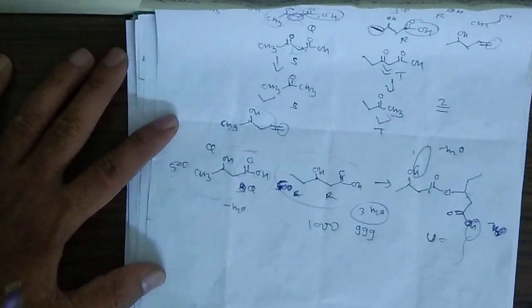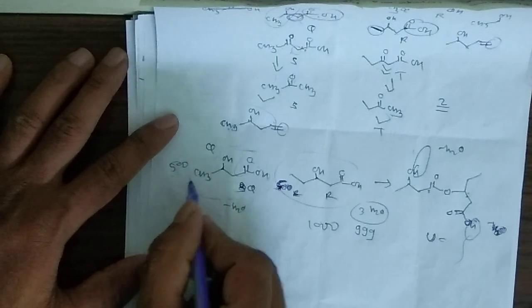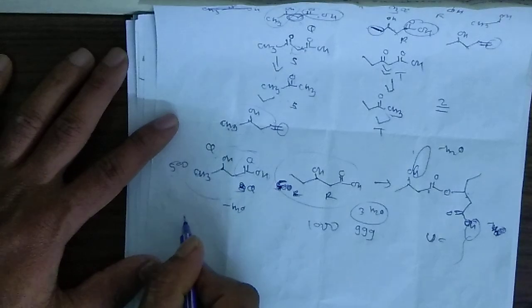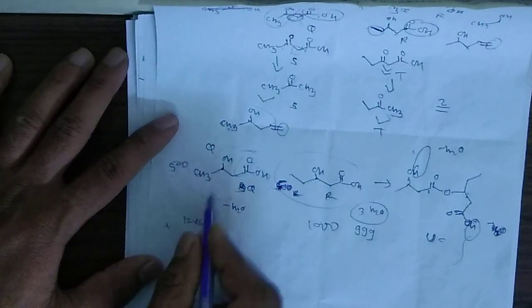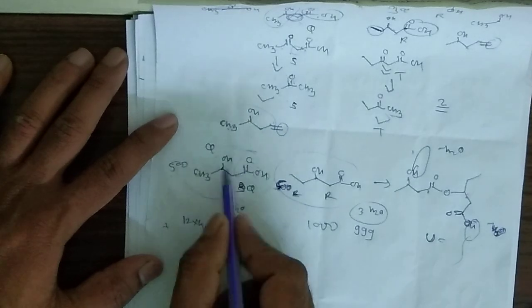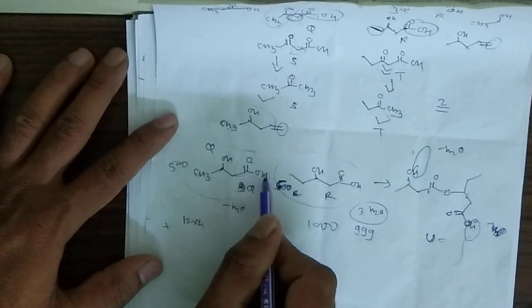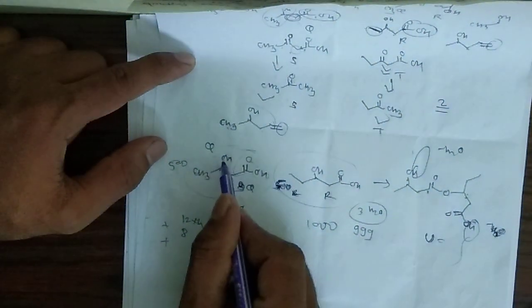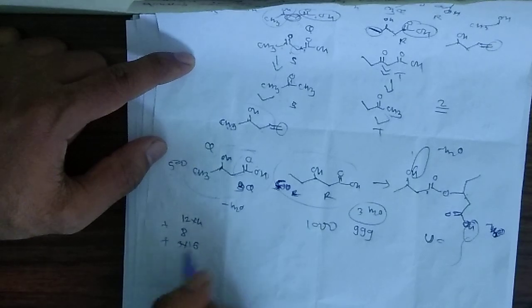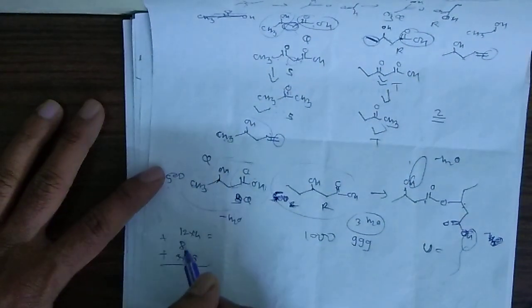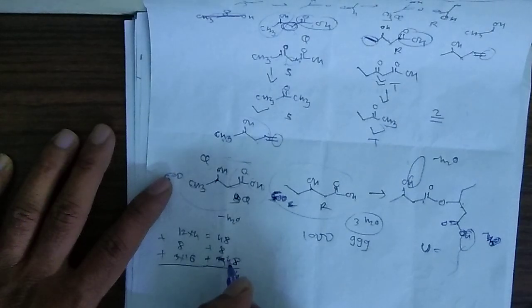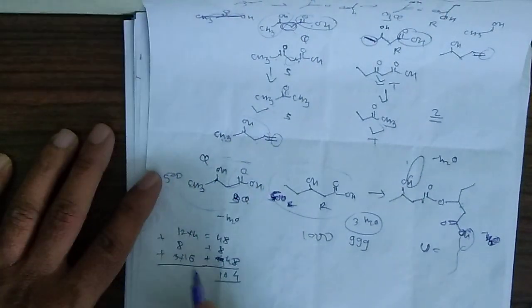First calculate the molecular weight of Q. How many carbons? 1, 2, 3, 4 carbons, 4 into 12, plus the hydrogens, plus the oxygens, 3 into 16. So the molecular weight of Q is 104.